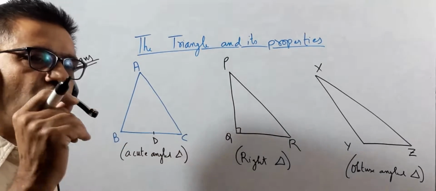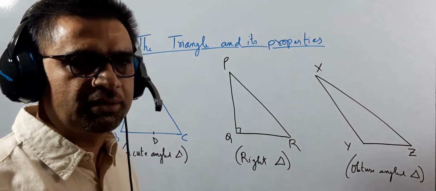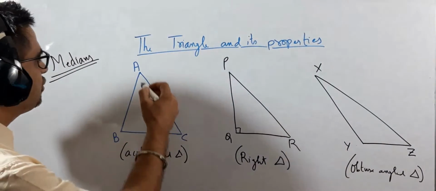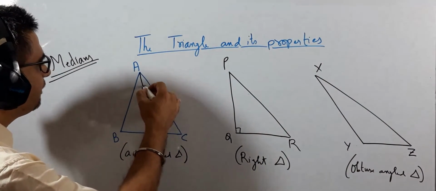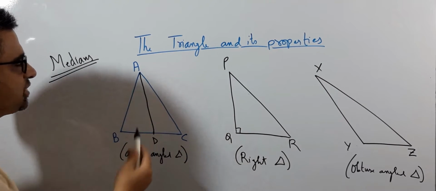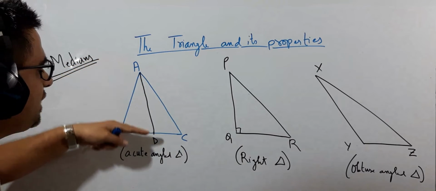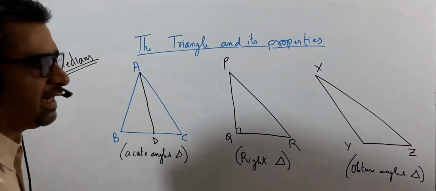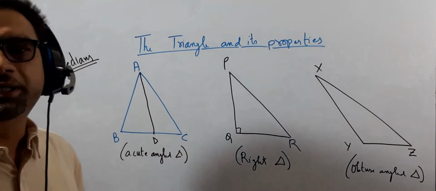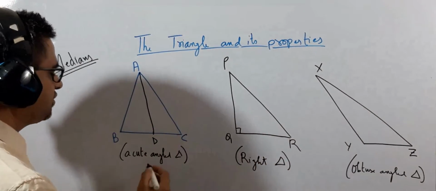Now if you join this point with the opposite vertex, in this case we join AD. This line, which is drawn from a vertex, in this case A, to the midpoint of the opposite side, that's called the median of a triangle. So let us write this down. Let's write the definition down.